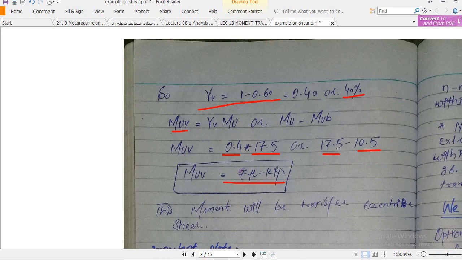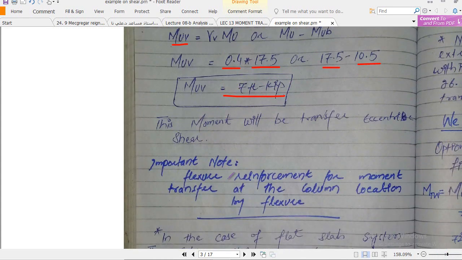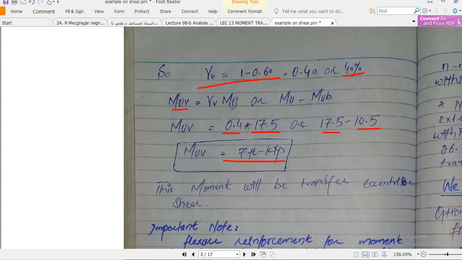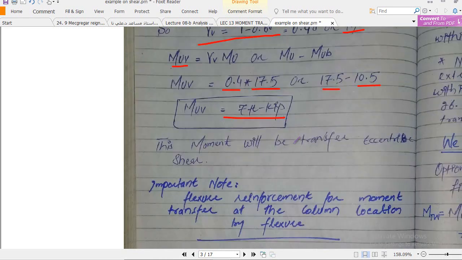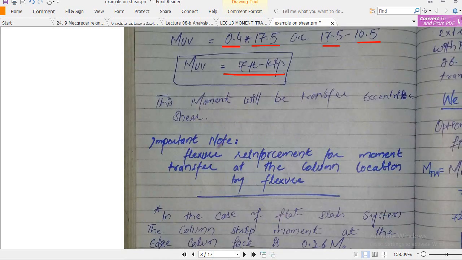This is the moment which is transferred to the column by eccentric shear. Now we have to design the extra flexure reinforcement for this moment. A very important note: flexure reinforcement for moment transfer at the column location.